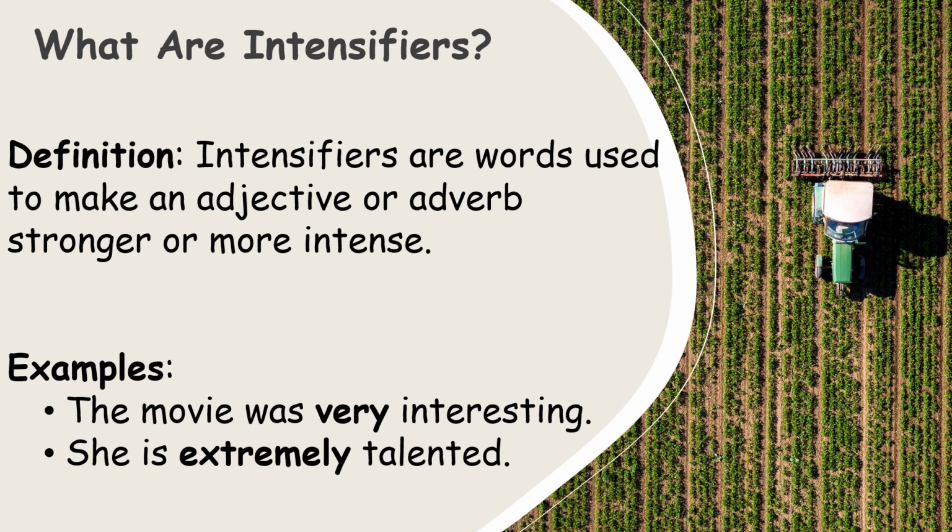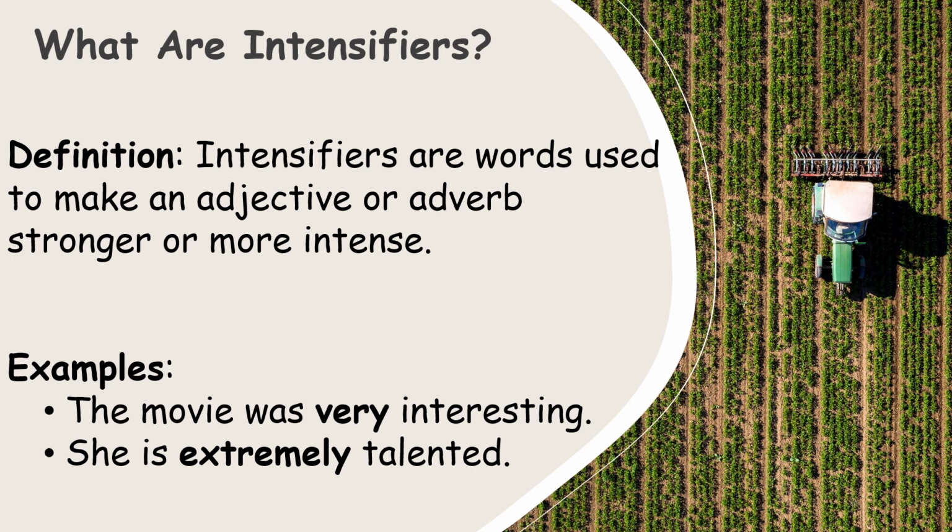Now let's take a look at another example. She is extremely talented. Now here she is the subject, is a helping verb again, and talented. What is talented? It's an adjective. It shows the quality of a noun, that the girl is talented. If you just say talented, it means she might know some things.